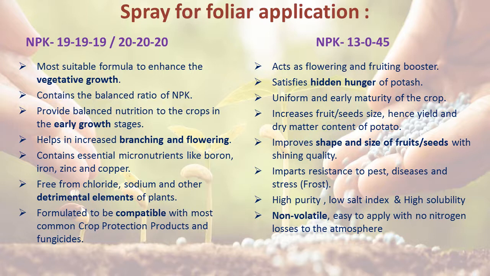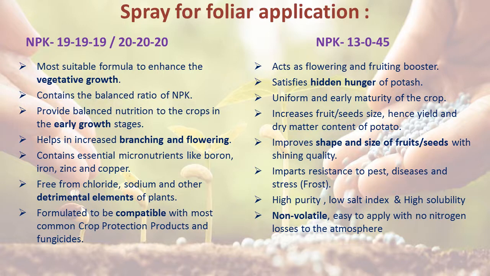It contains a balanced ratio of NPK, and it helps branching and flowering. It is mostly used in the seedling stage, and it also contains micronutrients like boron, iron, zinc, copper, etc. And it is free from chloride, and it is compatible with almost all crop protection products and fungicides also.